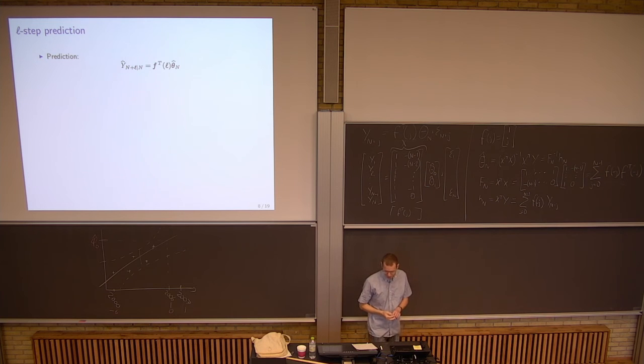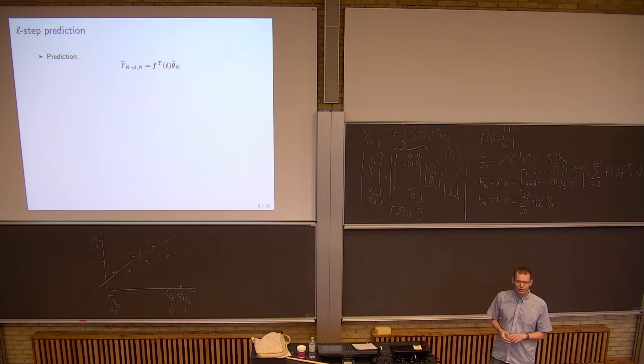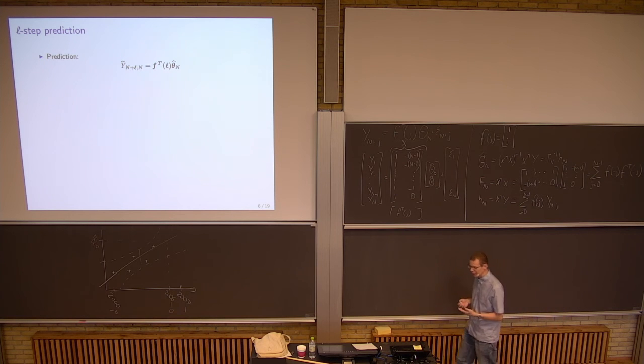To make predictions is the next step. Someone down here said, well, you just have to add, whenever you go one step forward, you just add the slope each time you make one step forward. So the definition of the prediction is fairly easy.